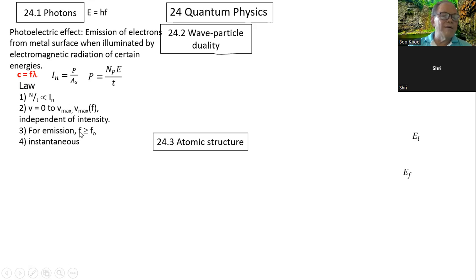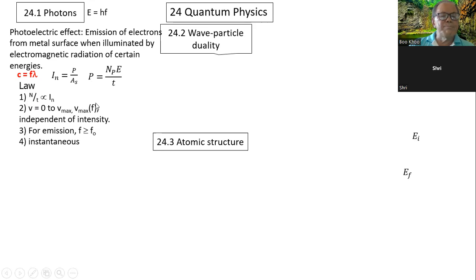And remember the laws, there are 5 of them. Number of photons emitted per second depends on intensity, is proportional to intensity. And then the electrons are emitted with a range of velocity from V equals 0 to V equals V max.